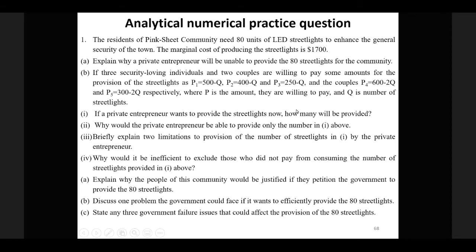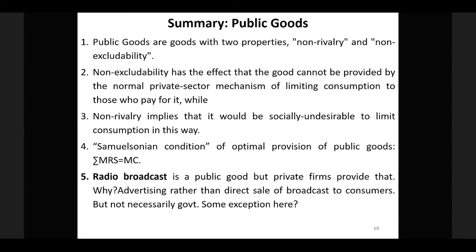If we do that, then we are using the Samuelsonian condition of optimal provision of public goods to solve that question. The Samuelsonian condition follows after a Nobel Prize economist called Paul Samuelson, so it's often referred to as the Samuelsonian condition.